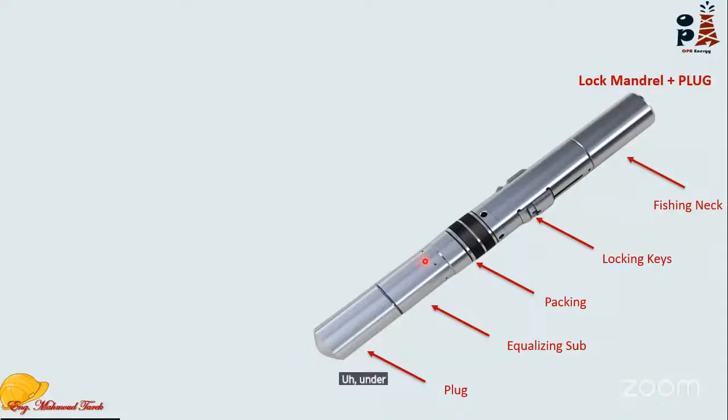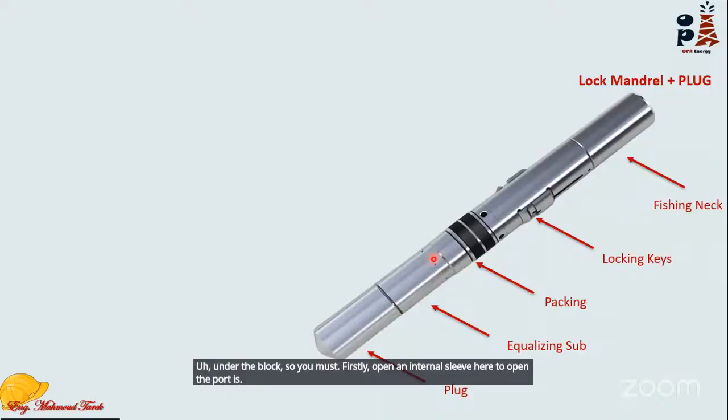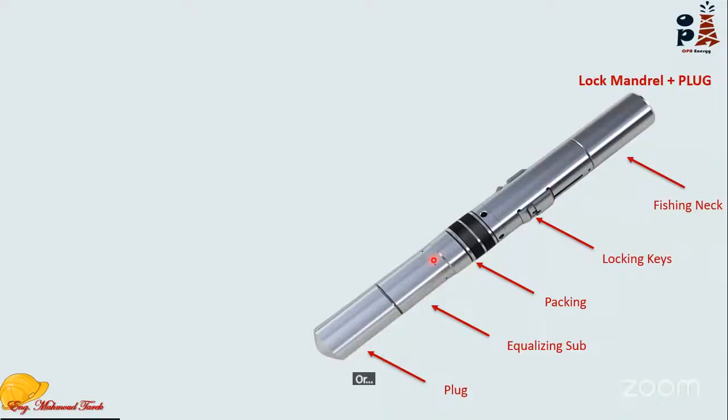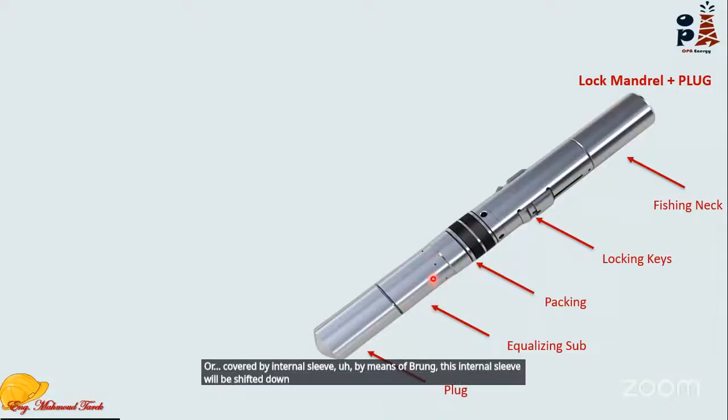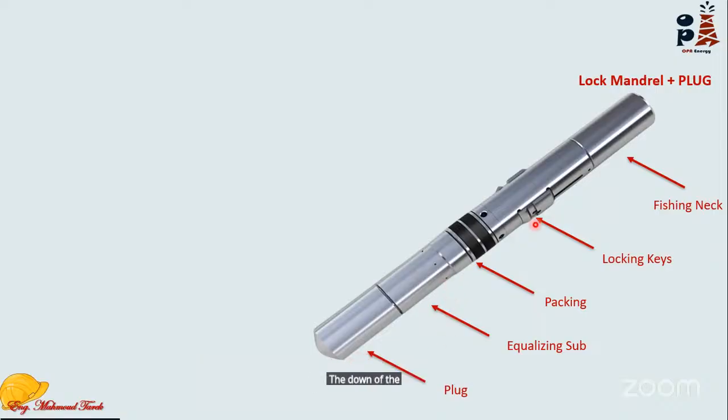So you must first open an internal sleeve here to open the ports. These ports are covered by the internal sleeve, which is shifted by means of the prong. This internal sleeve will be shifted down, and these tiny holes will equalize the pressure from below the plug to above the plug.